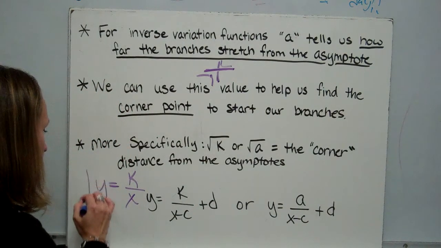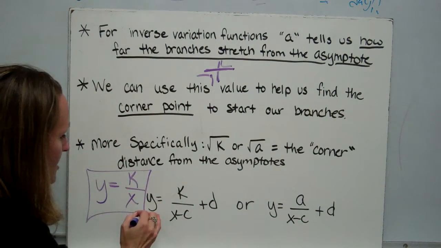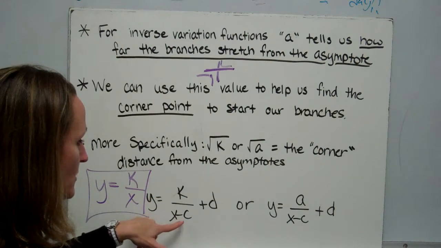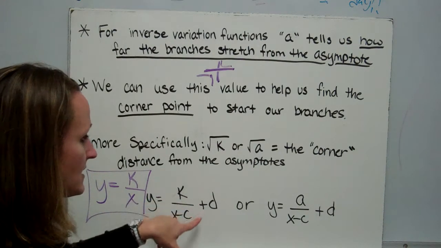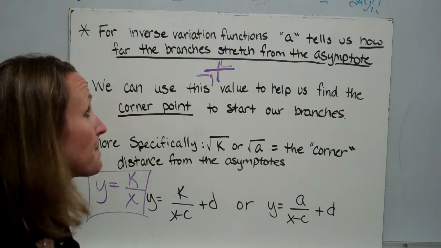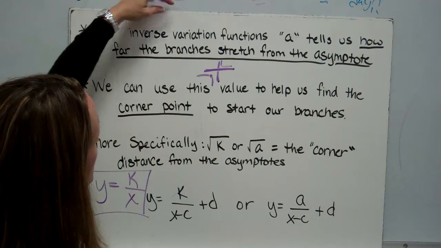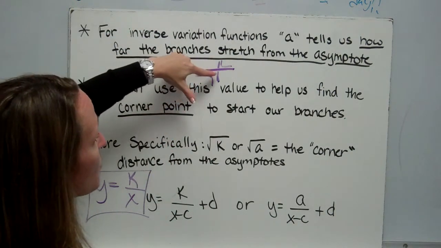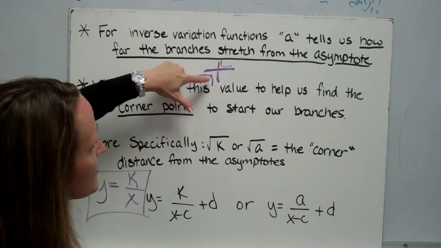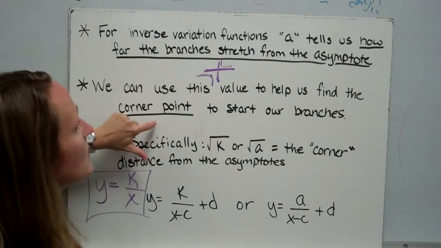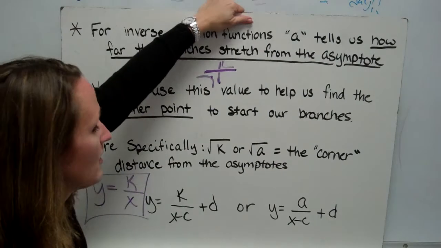But remember, if this is your generic inverse variation formula, then when we start transforming it, we do minus C and plus D, or we flip it. So in order to find out how far away from our axes we're going to be, we're looking for something called a corner point.